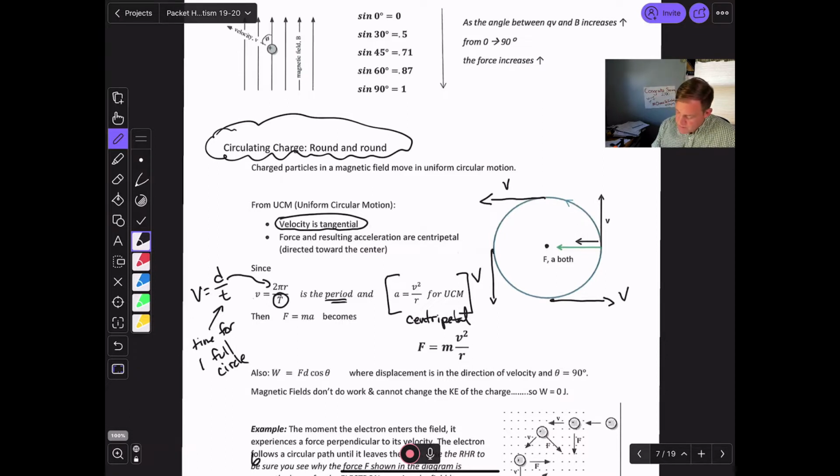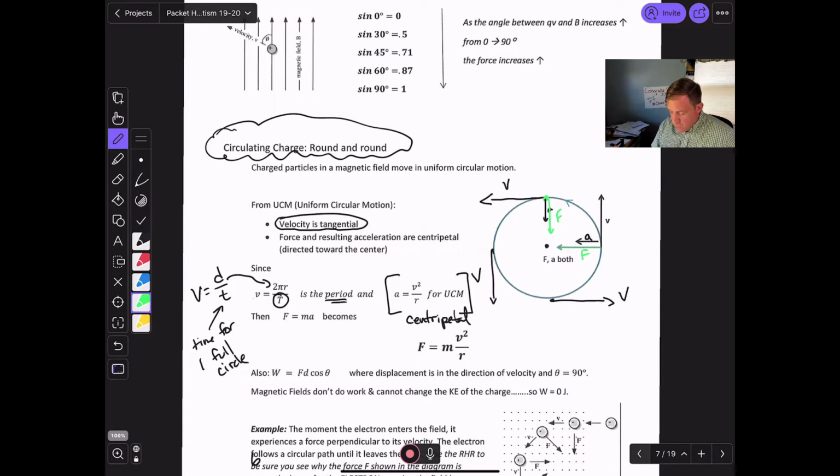Notice in this picture, the a and the F are always pointed toward the center. At this point, the a would be pointed toward the center and the F would be pointed to the center. It seems to change its direction, but really it's uniform. The speed is uniform, and the force and the acceleration are always perpendicular to that velocity, no matter where you are in the circle.